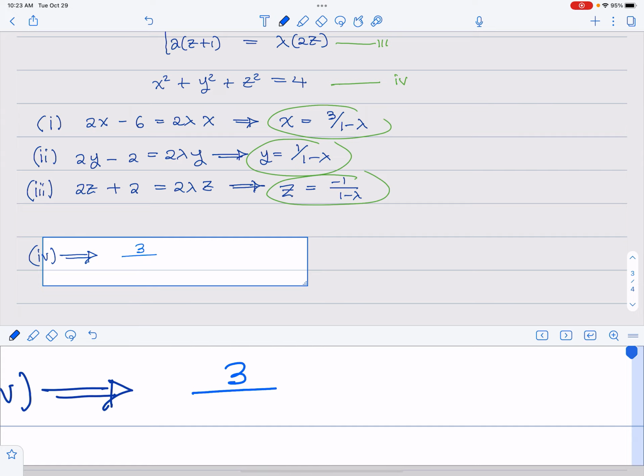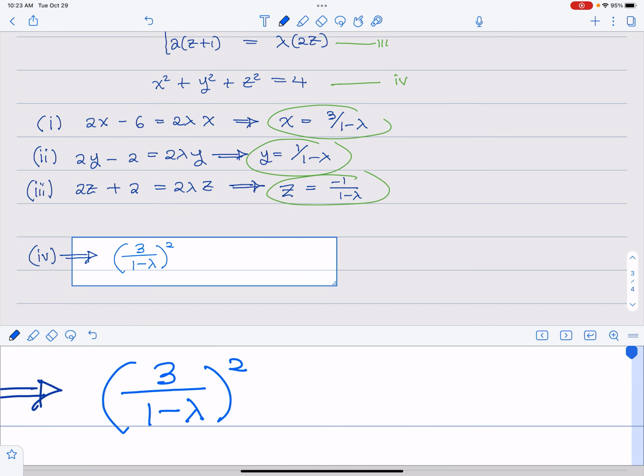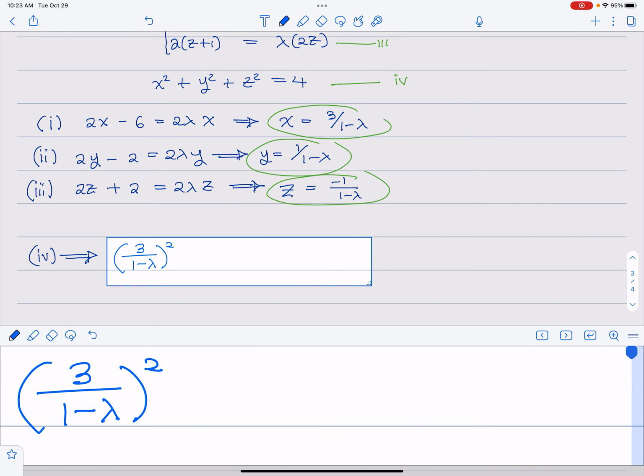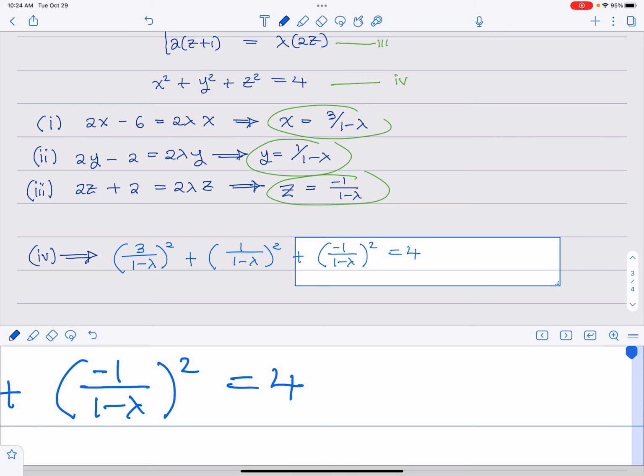So instead of x squared here, we have 3 over 1 minus lambda squared, plus 1 over 1 minus lambda squared, plus negative 1 over 1 minus lambda squared, is equal to 4. So that's what equation 4 becomes.